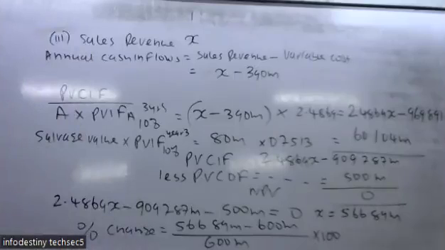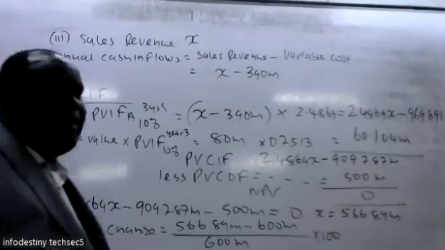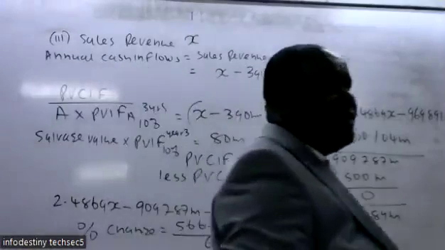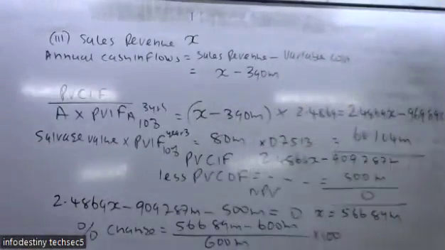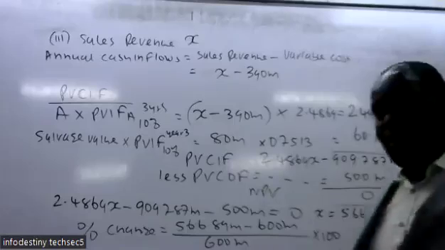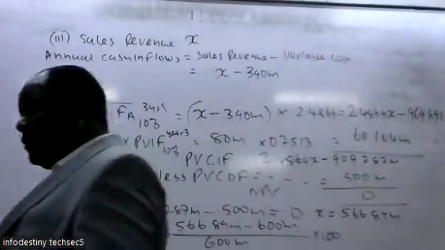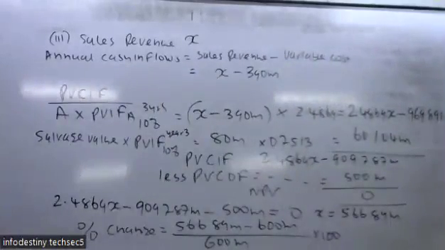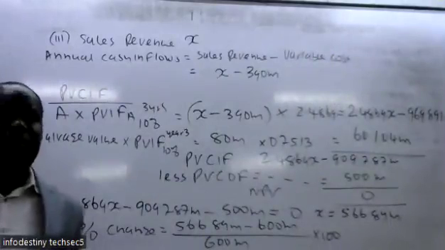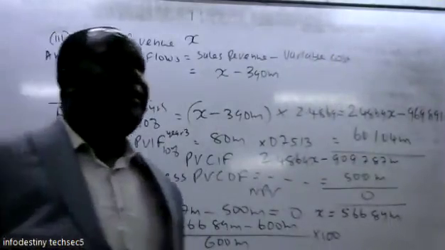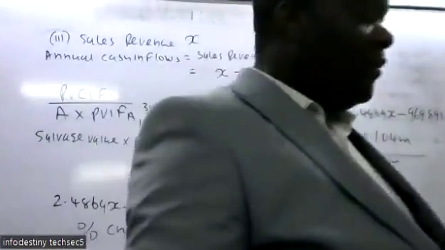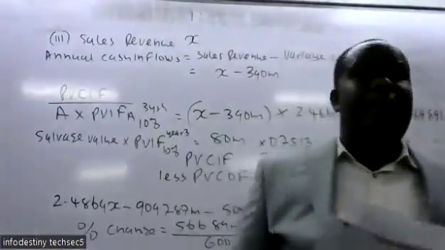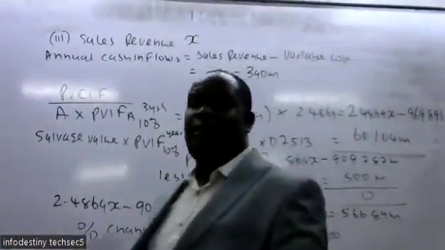So I want us now to go to the impact analysis. That one is giving us negative 5.5. So let us now go back to your notes. The two questions we have done were on the break-even point analysis. Now, the next ones will be the impact analysis.